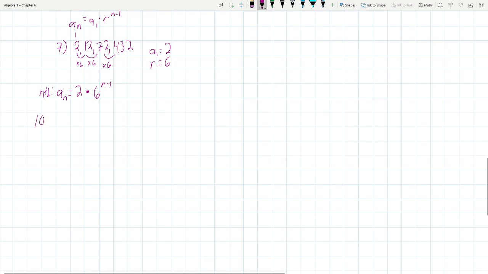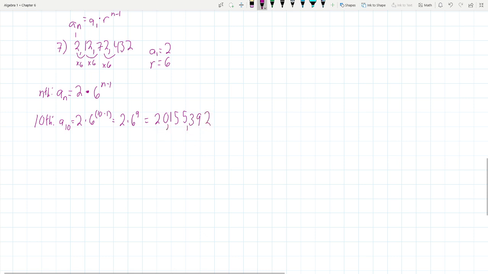Now to find my 10th term, all I'm doing is changing out 10 for anywhere that I have an n. So I go 2 times 6 to the 10 minus 1. So this is 2 times 6 to the 9th. If I plug that into my calculator, I get 20,155,392.